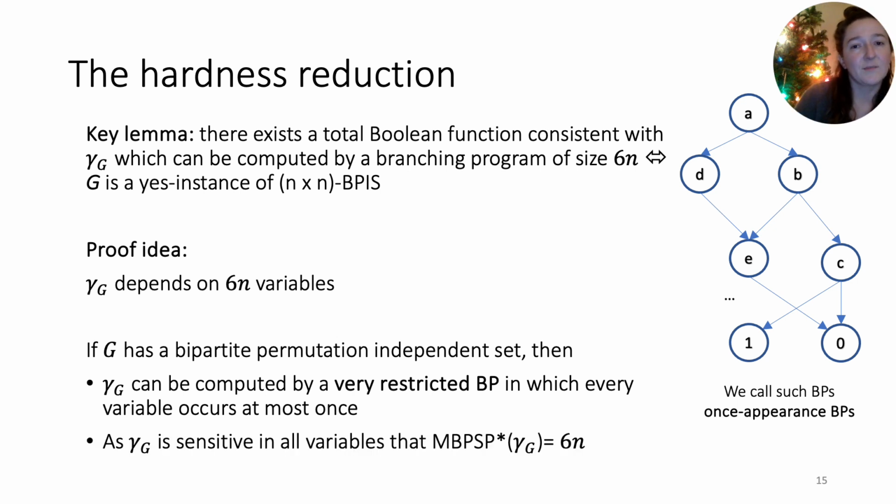And since we know that gamma is sensitive to all variables, we know that the size of a branching program computing it should be at least 6n.